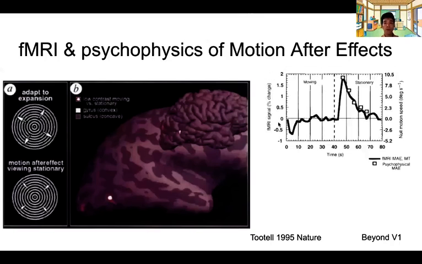What they found, aligning across all these trials, was that at the end of the motion, when the stationary stimulus was presented, there is a strong transient increase in fMRI in the MT areas. And this one is already subtracting the motion component. And then the important thing is the quantification of the psychophysical motion aftereffects at different time points.